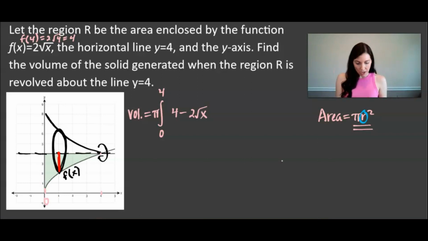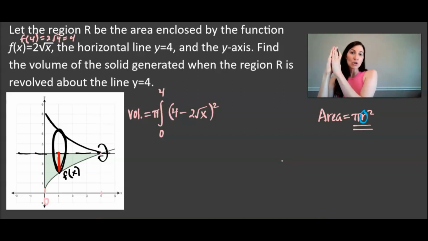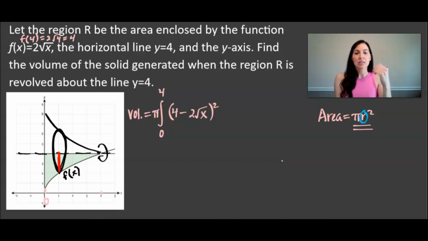So it would be radius squared, and because I'm adding an infinite amount of circles that are perpendicular to the x-axis, or in this case, perpendicular to the horizontal axis of revolution, this is going to be a dx problem. So I did want to make sure that I had written everything in terms of x.